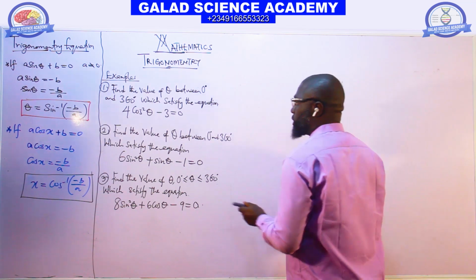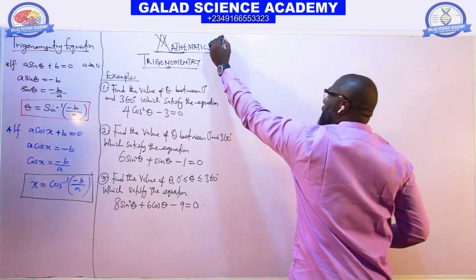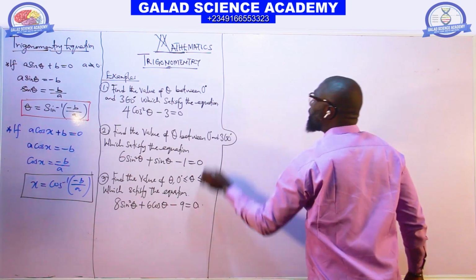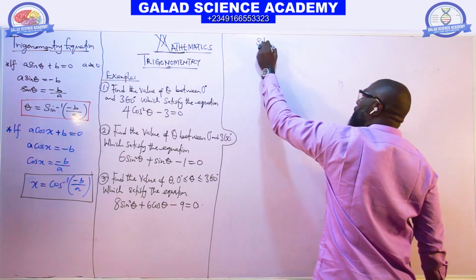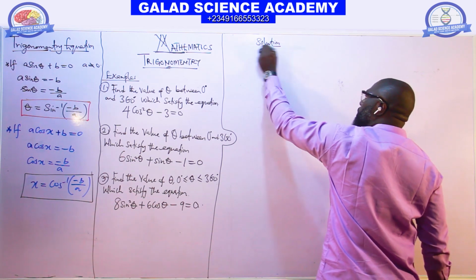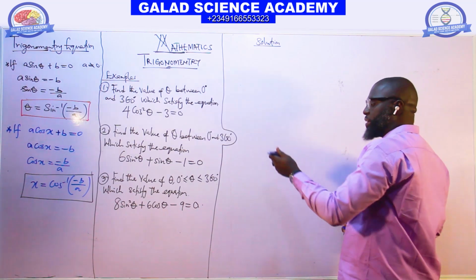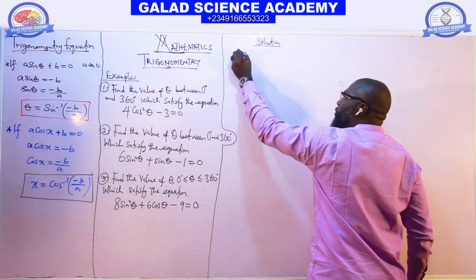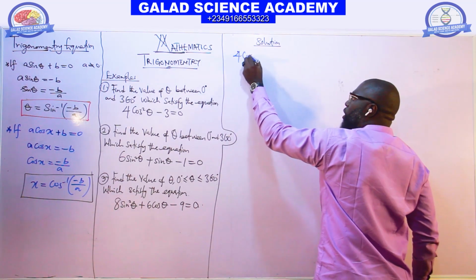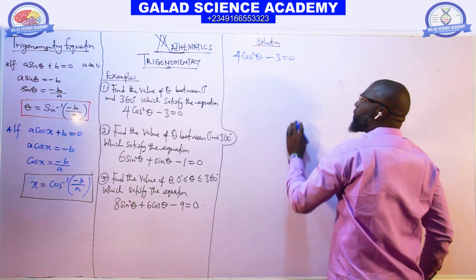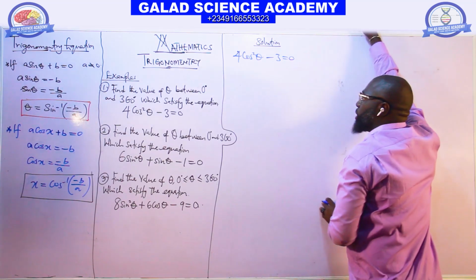So the first one here, solution. The first one is very simple. We are given 4 cos square theta minus 3 equal to 0. What do we do now?